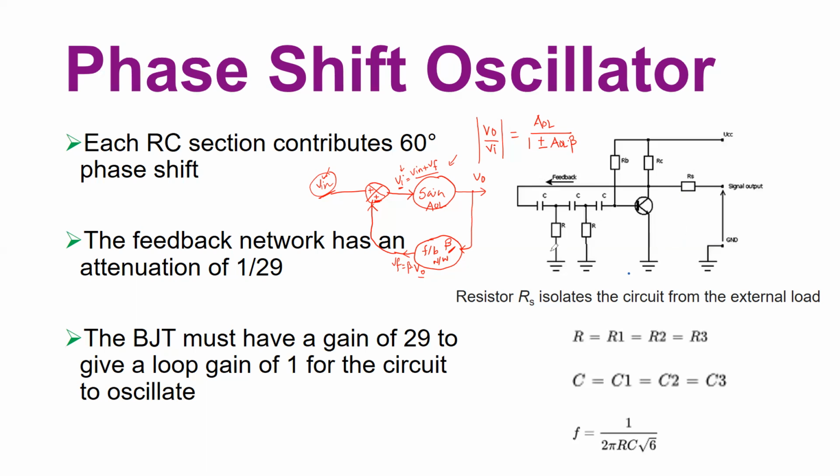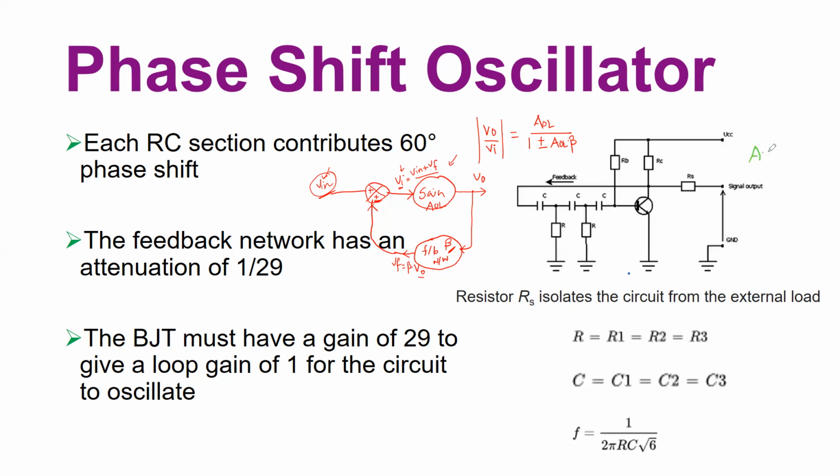After having said that, we just said that the feedback network has to be designed so that it acts as an attenuator, so the gain of the feedback network is less than 1. This feedback network is designed in such a way that it has an attenuation factor of 1/29. That's the standard one. And we said that A times beta has to be greater than or equal to 1.